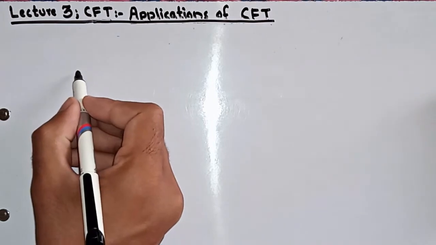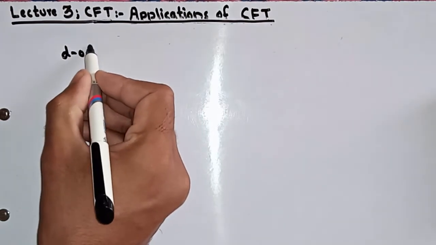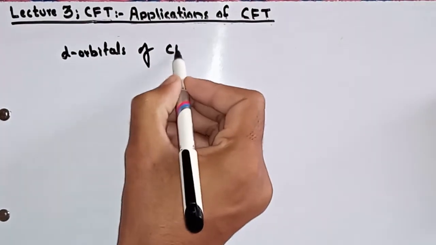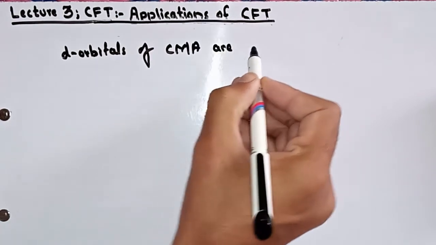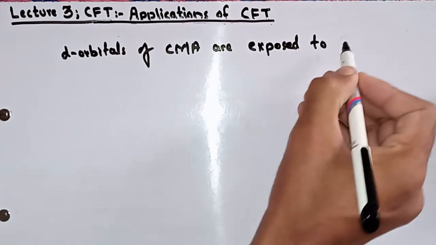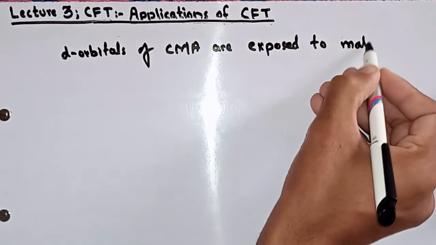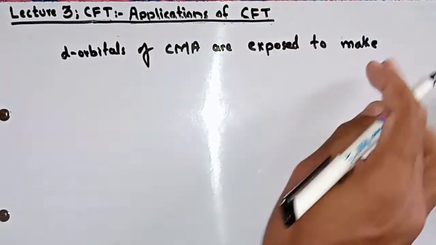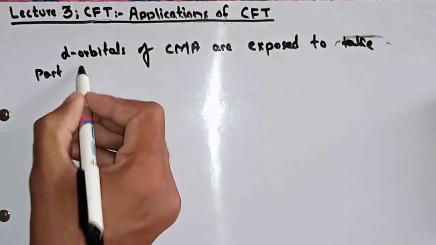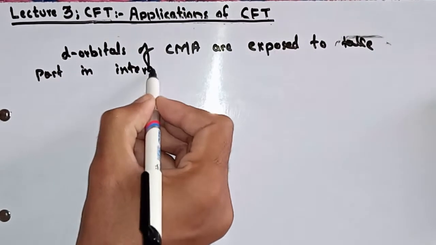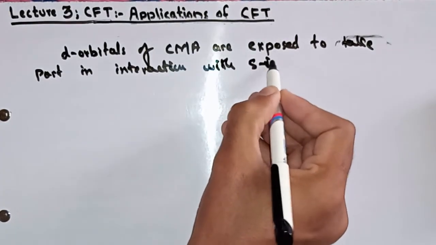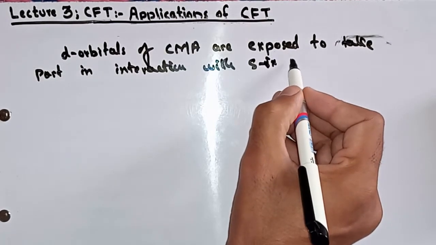I already told you that the d orbitals of the central metal atom are exposed to take part in interaction with ligands, with six different ligands in the case of octahedral complexes.